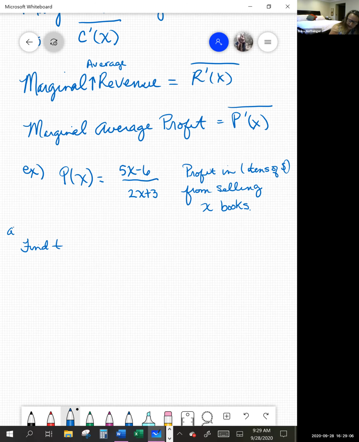For A, find the average cost. Sorry, not average cost, average profit. We're in profit. From each sales level.